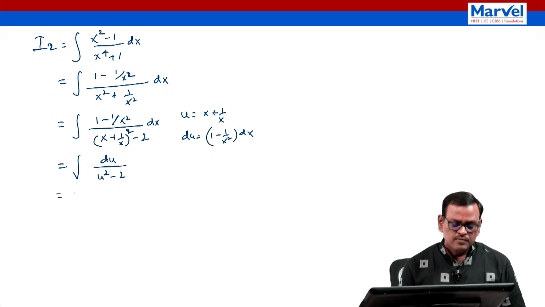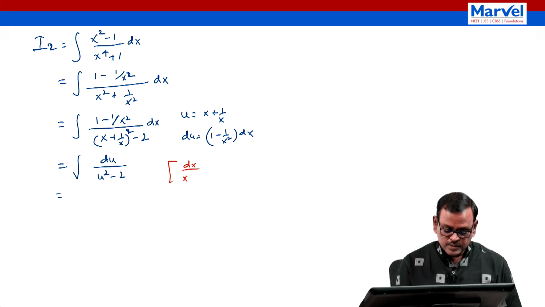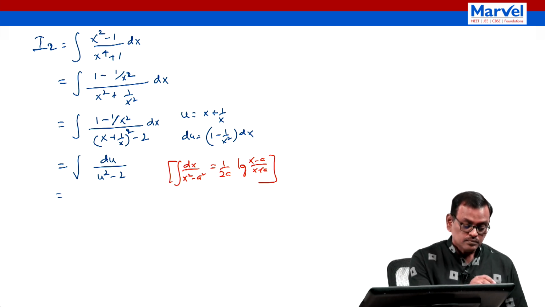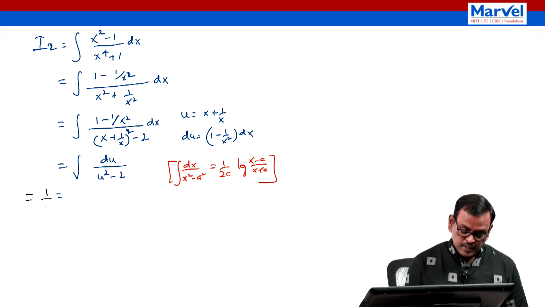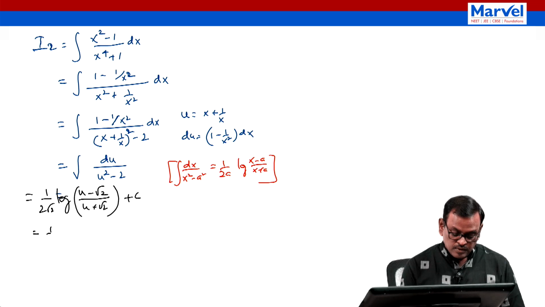Now we have the formula, again I will write the formula here: integral dx by x square minus a square equal to 1 by 2a log of x minus a by x plus a. So which is equal to 1 by 2 into root 2 log of u minus root 2 by u plus root 2 plus c, where u equal to x plus 1 by x.